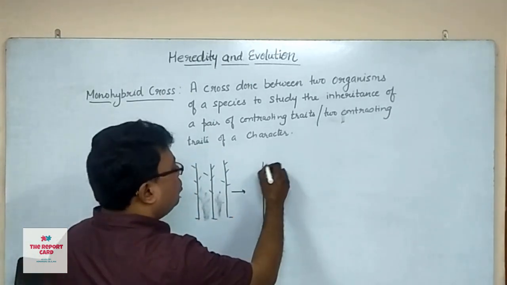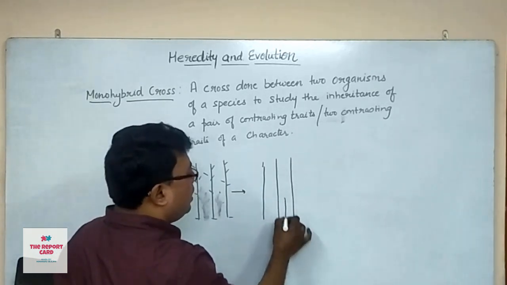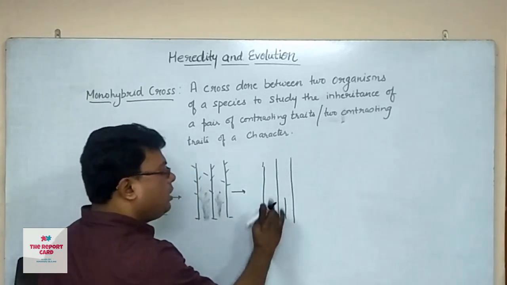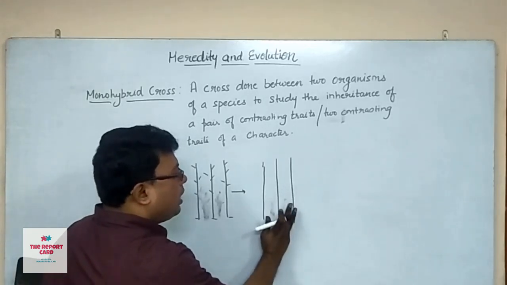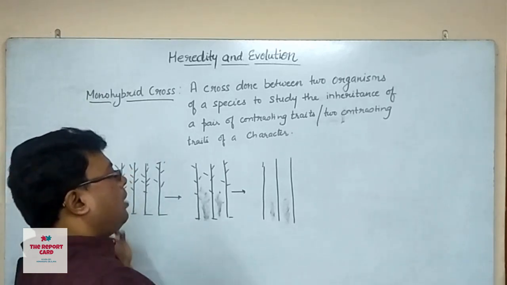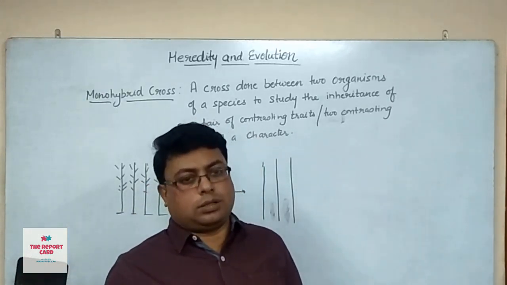Again he got tall plants, but there were few short plants also in between. The number of short plants kept on reducing, and he kept on doing this until he got all tall plants.